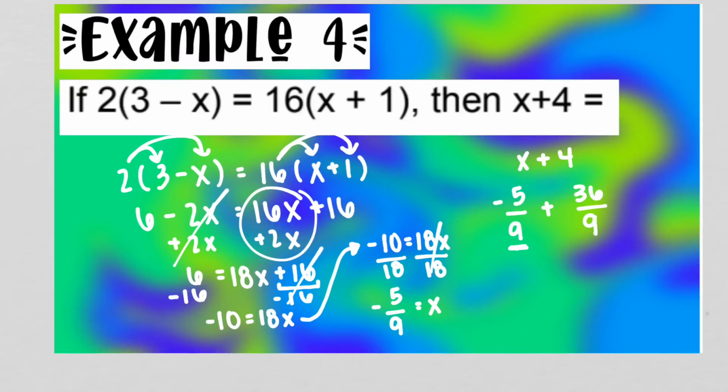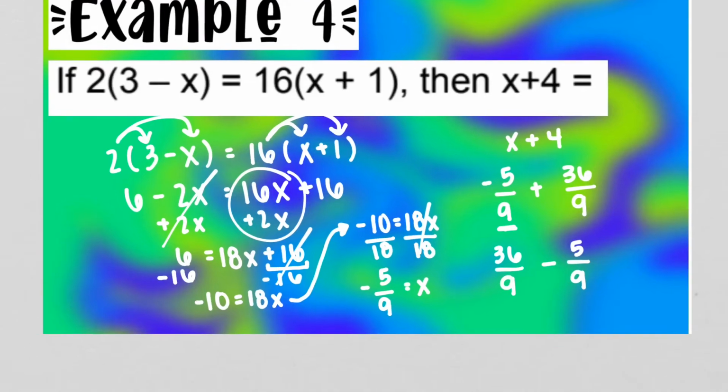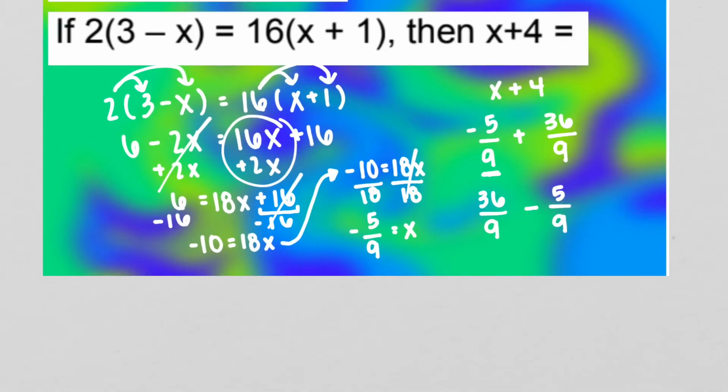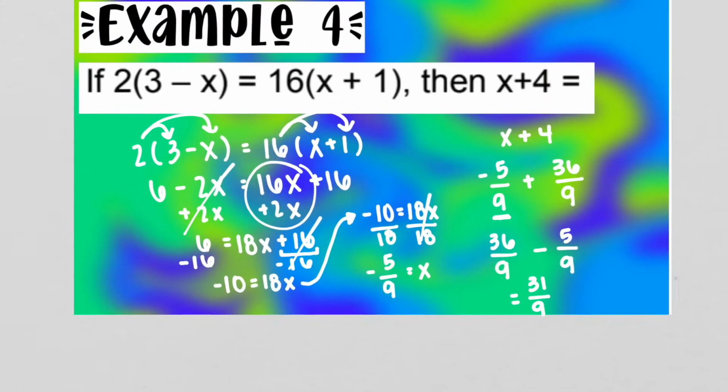Because if I did 36 divided by 9, it would give me back the 4. So now, I'm just going to rewrite it so you can see it a little better. 36 over 9 in the front, minus 5 over 9. When I do 36 minus 5, I end up with 31 over 9, and we're just going to leave it right there as it is.